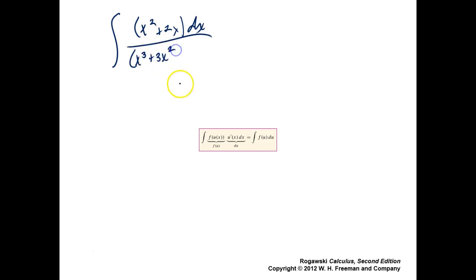Okay, let's do this one. Evaluate this. This is getting really good looking, isn't it? The integral of (x squared plus 2x) dx over (x cubed plus 3x squared plus 12) to the 6th power.